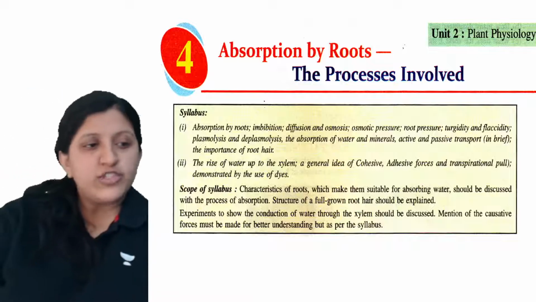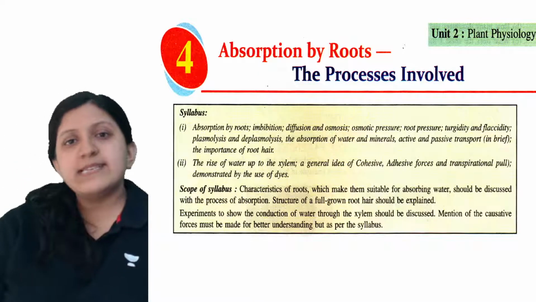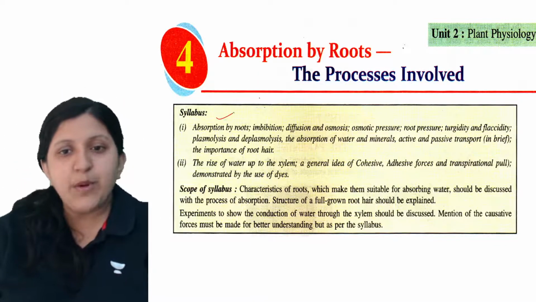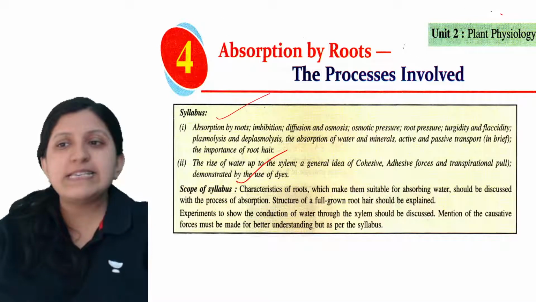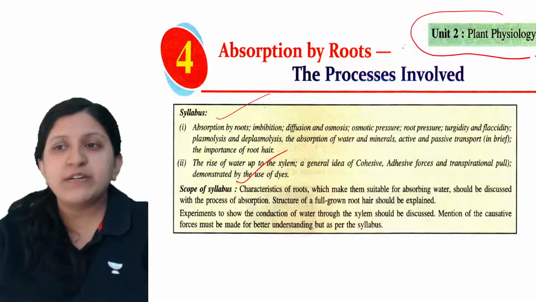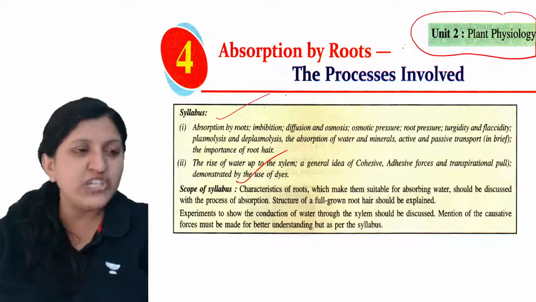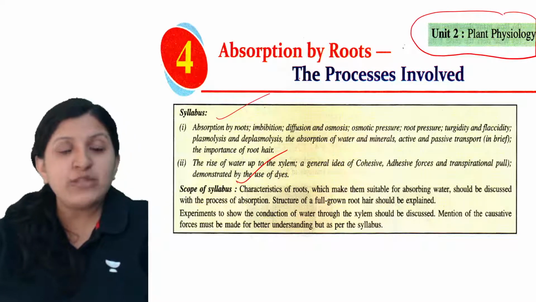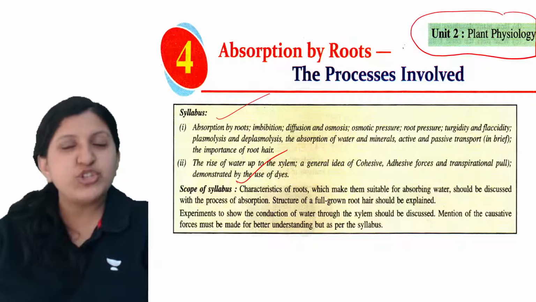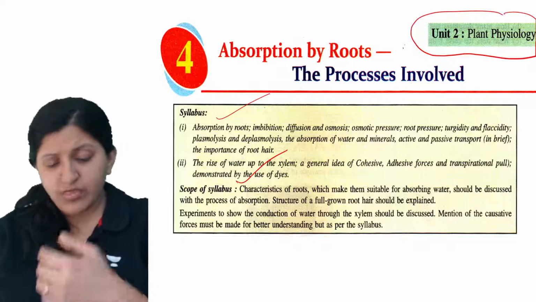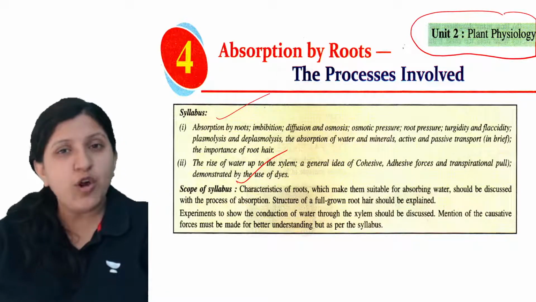All right. So let's see this, that is absorption by root. I discussed the syllabus and the scope of the syllabus that you need to follow. This is the very beginning of your chapter, that is plant physiology, where you will be studying absorption by roots, transpiration, then photosynthesis, and chemical coordination.